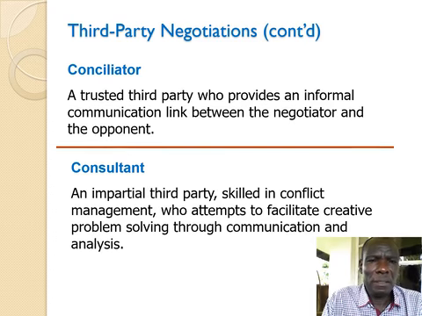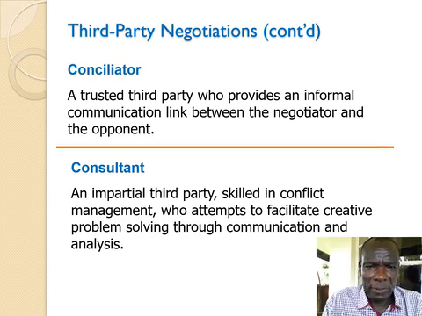So there's also the third type of third party called conciliator. This is a trusted third party who provides an informal communication link between the negotiator and the opponent. The conciliator is the person who tries as much as possible to conciliate, call it reconciliate.